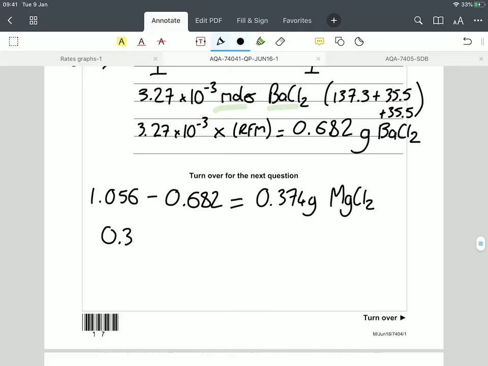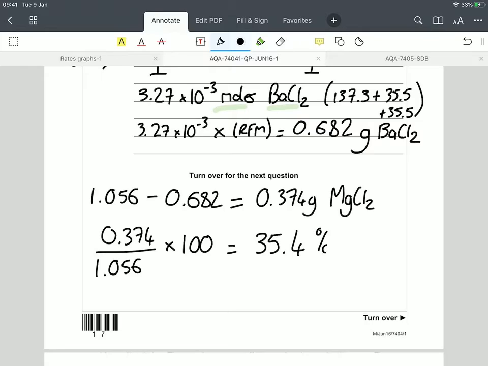So now 0.374, which is the number I've still got on my calculator, divided by the total mass, because that's how we do a percentage by mass calculation, multiplied by 100. And we get 35.4%, which makes sense really, because this number's pretty close to 1, and this number is 0.374. So 35.4%. That looks like a good answer. And that'll be our final mark.